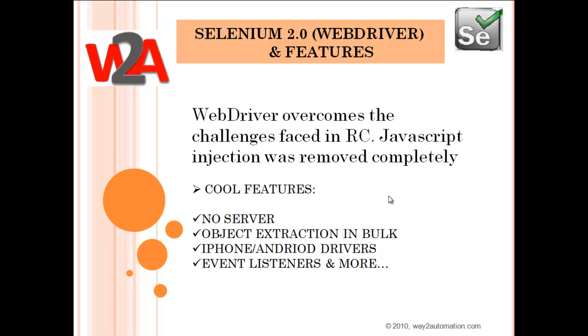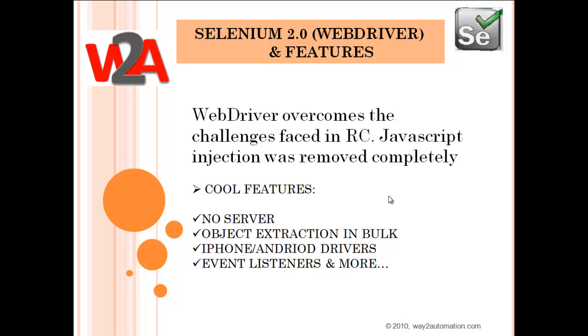It came up with Android and iPhone drivers through which you can automate your website on those platforms as well, right? And not only these, there are many other features which make WebDriver a very powerful API, and you're going to come to know that when you practically start working on WebDriver.